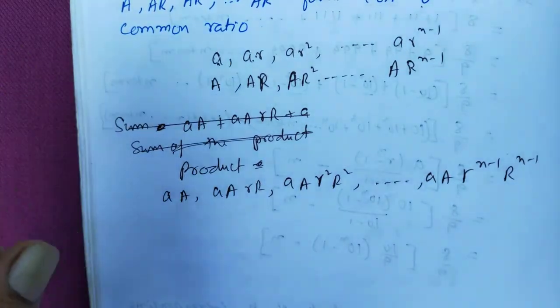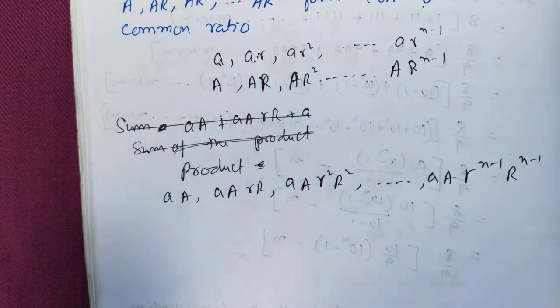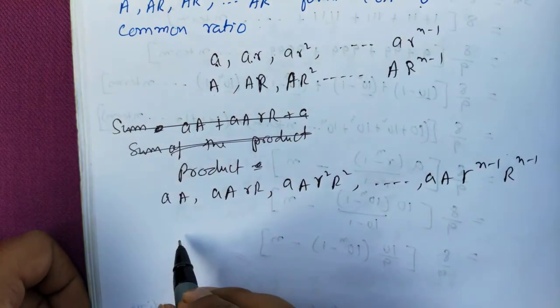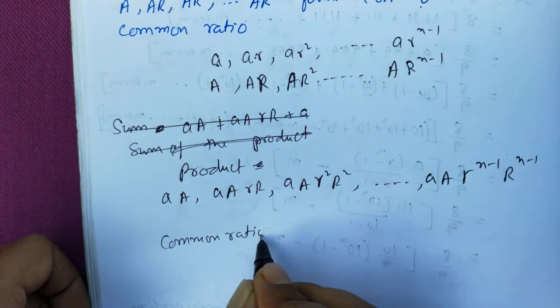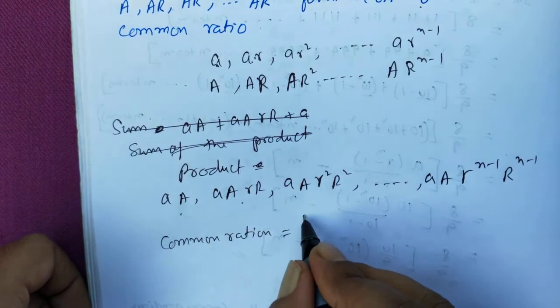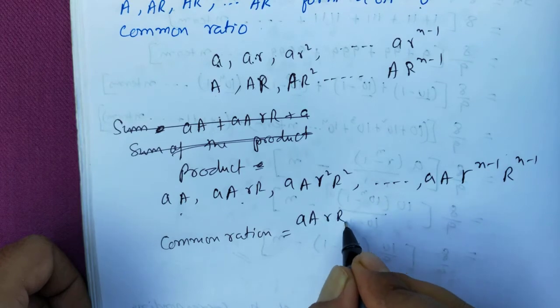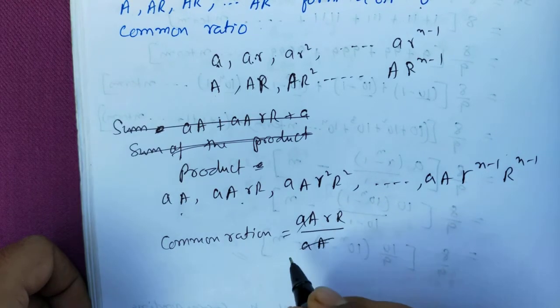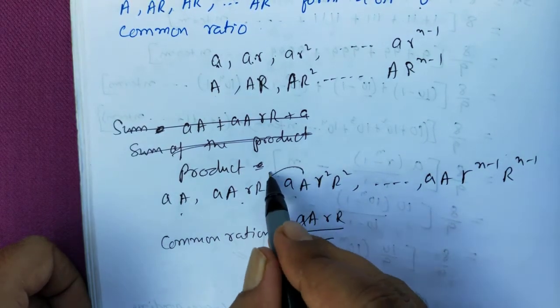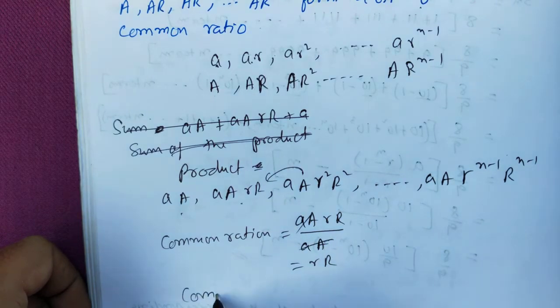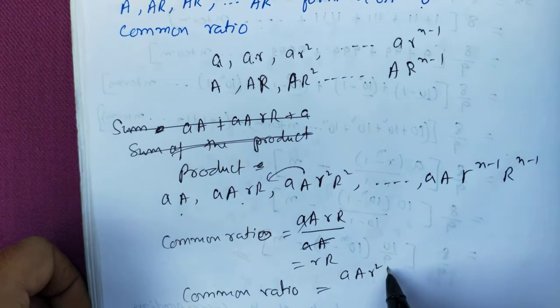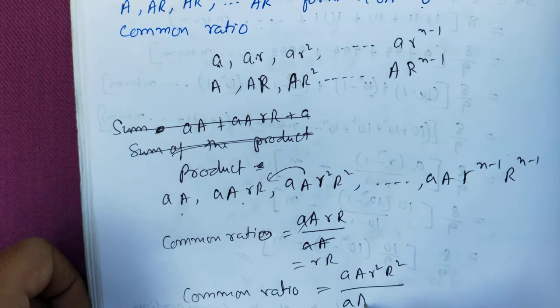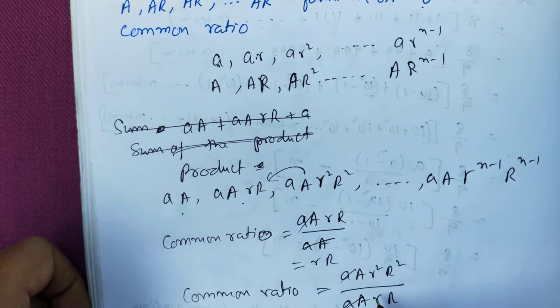Now we have to check whether they are in GP or not. Now if we find the common ratio, if I divide these two, we're getting A R into A R by A into A. Cancel, we're getting R square. If I divide these two also, check: A square R square by A R into A R. Cancel this.